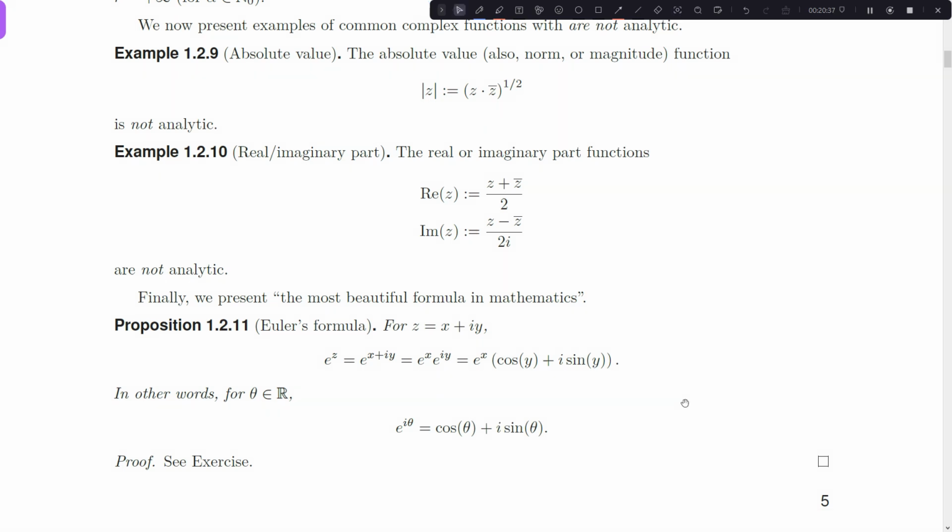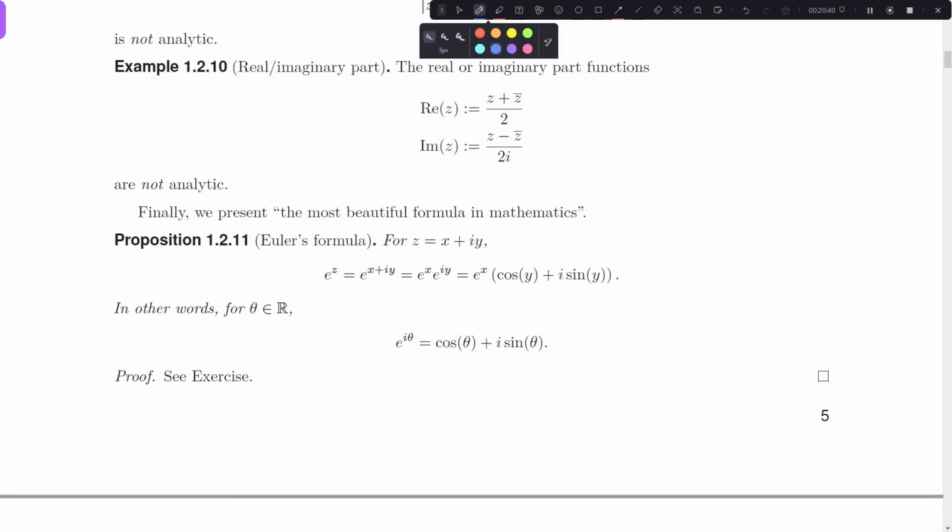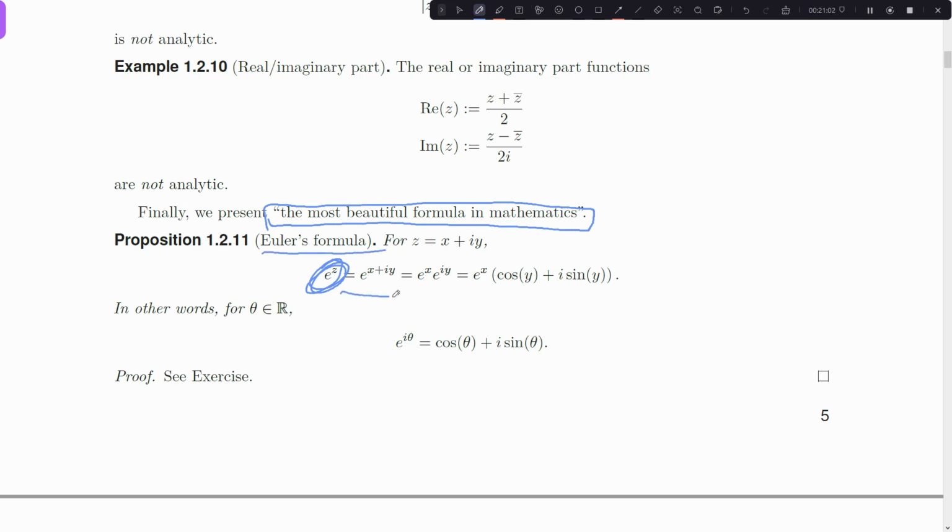Okay, so now we're getting to some of the really cool stuff. A lot of people call this the most beautiful formula in mathematics. This is Euler's formula. So this is really the way of making sense of e to a complex number in terms of real numbers. So Euler's formula, you can think about relating e to a complex number in terms of, now let's look at the real and imaginary parts.